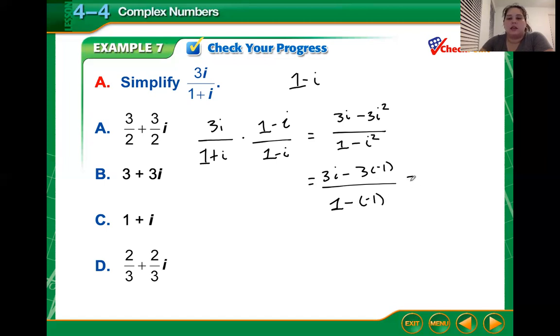We simplify, and we get 3i plus 3 over 1 minus negative 1, which is a plus, which is 2. So we change this into 3 halves plus 3i over 2. So our answer is A.